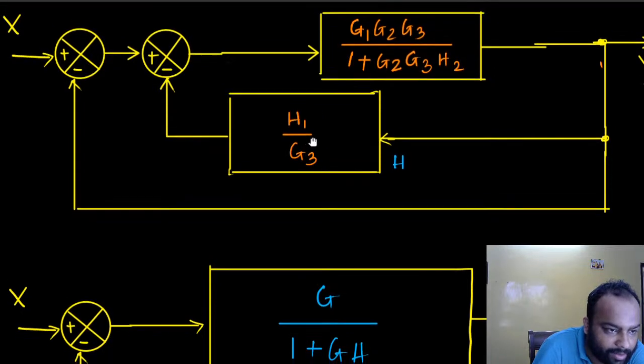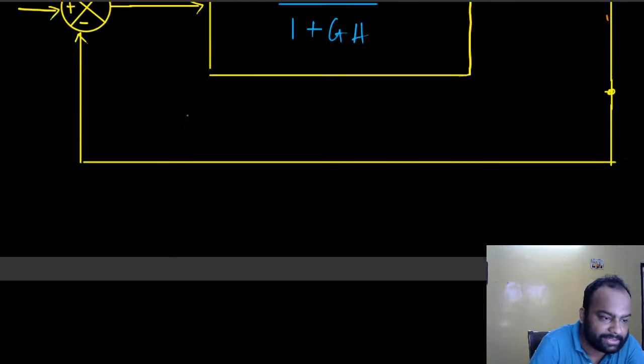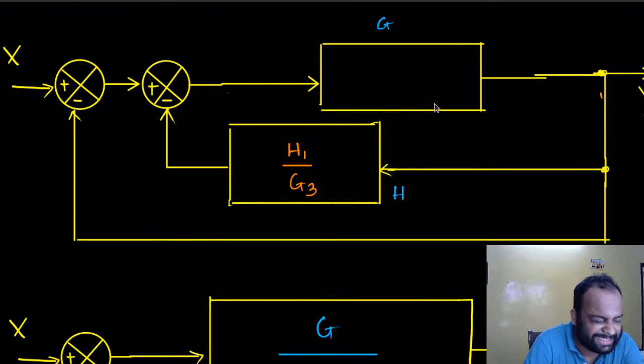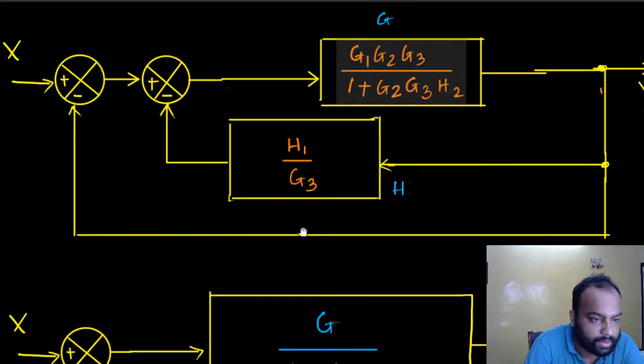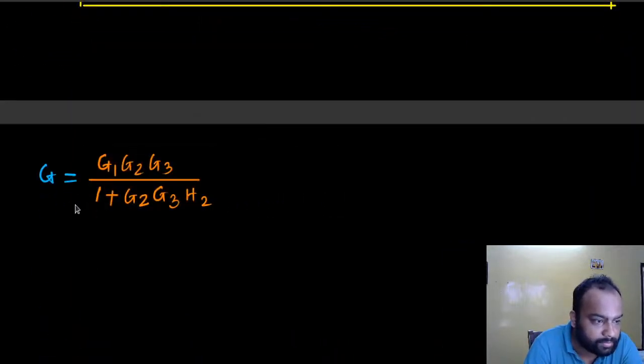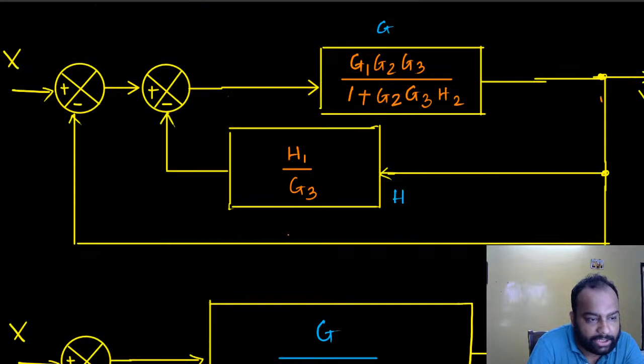All right, so let's do the mathematics separately. Much better for me. So G is this one, and H is that one, H1 by G3.